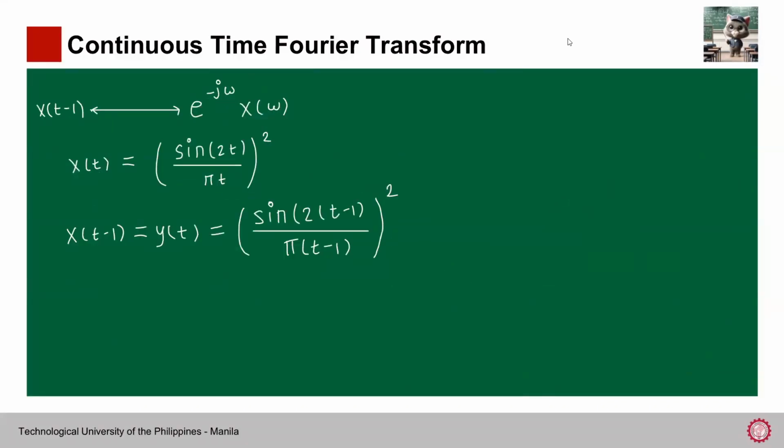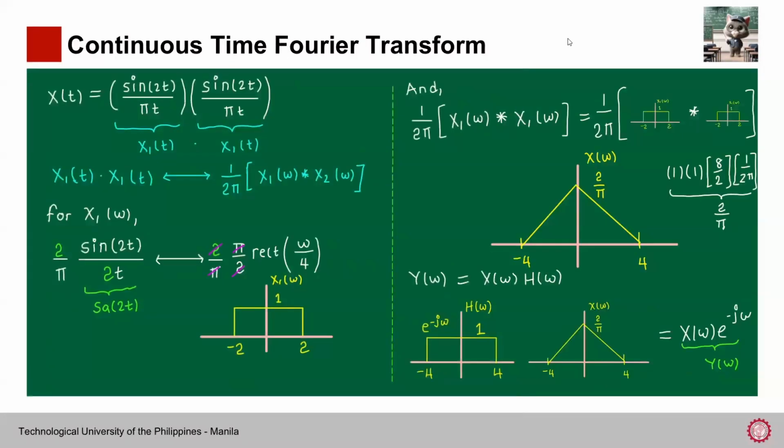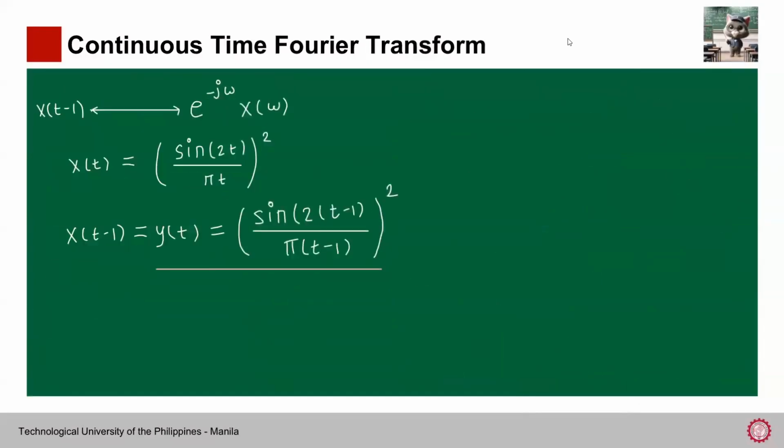Whole square. And that is our answer. That is our answer. All right. Ito po yung solution on this problem. A little bit long. Pero kung sanay naman kayo guys, it can be easily solved.